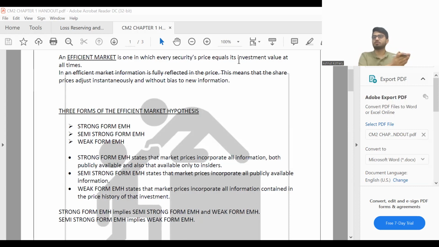The historical price of the particular security. So later on, we would be seeing that if a particular market is strong form EMH, it automatically implies semi-strong and weak form. If a market is semi-strong form EMH, it automatically implies weak form EMH as well. So that is again the conclusion we have written over here.